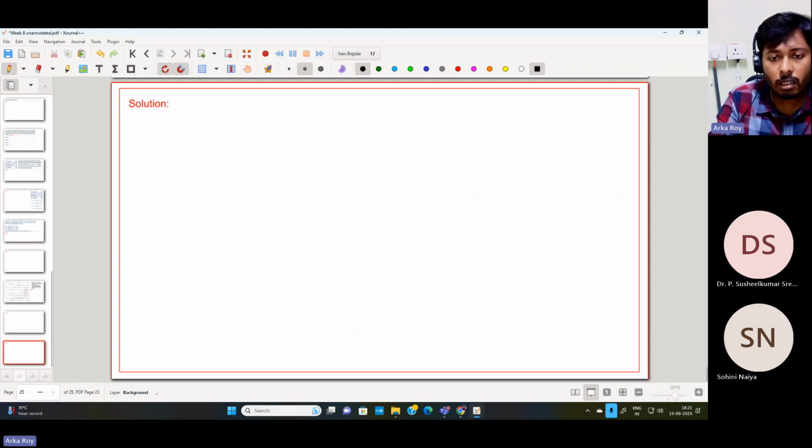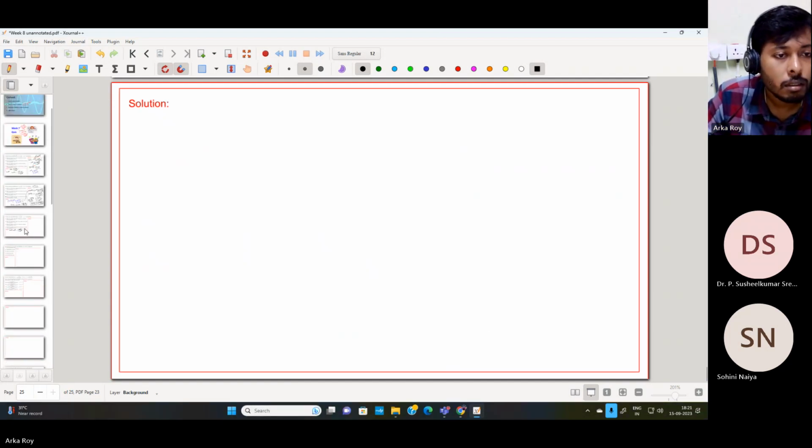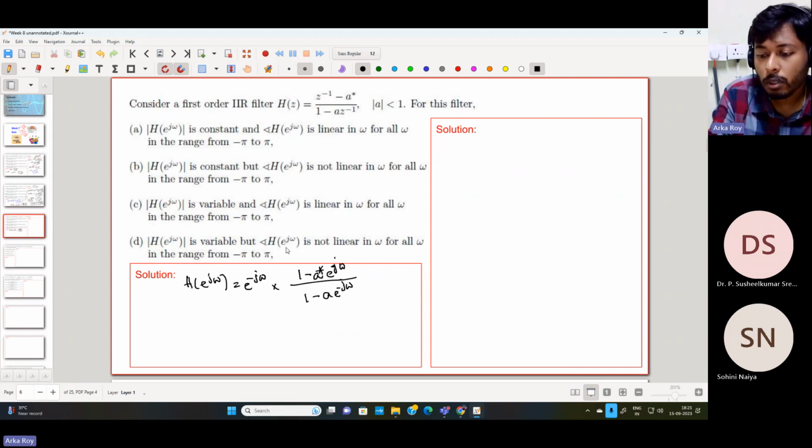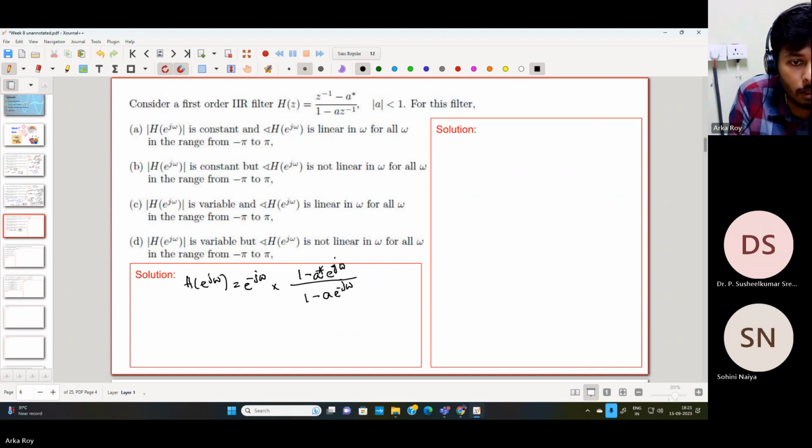Conversely, we can make some modifications, such as letting a be r e to the power j theta.